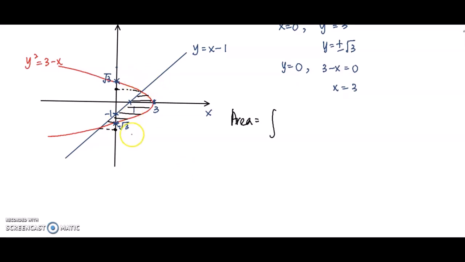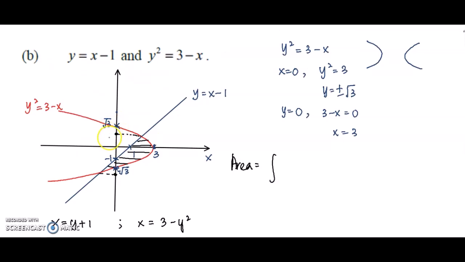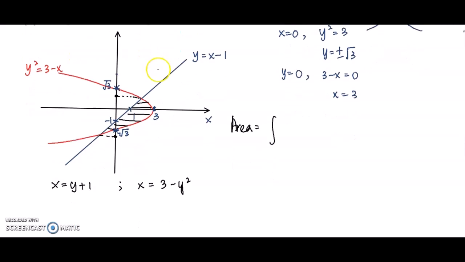Then I will solve this simultaneous equation. To get these two values, firstly I will rewrite both functions in the form of x in terms of y.